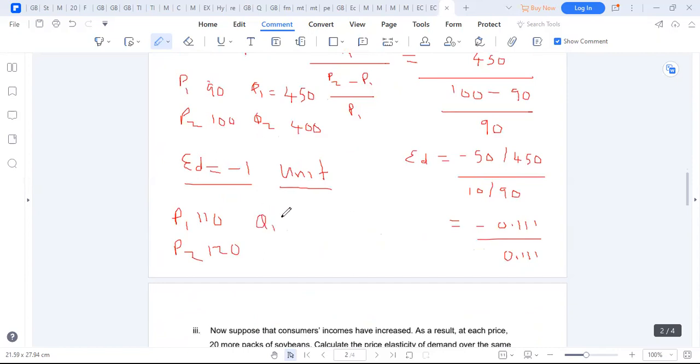Who wants to try? 400. And here quantity 2, 350. Who wants to try to calculate? How do you find the elasticity?